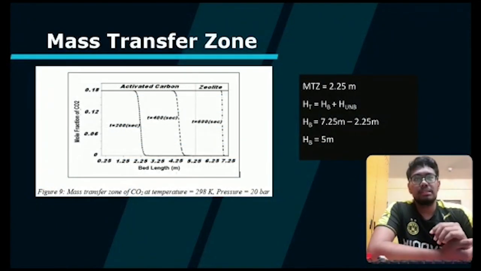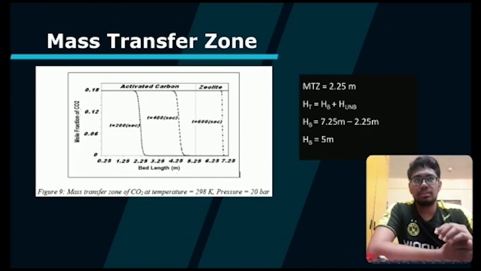Figure 9 shows the mass transfer zone or MTZ of CO2 at a temperature of 298 Kelvin and pressure of 20 bar. The mass transfer zone moves along the bed length in the same direction as the gas motion and gets to the end of the bed, where the concentration of the substance changes within the particular zone.